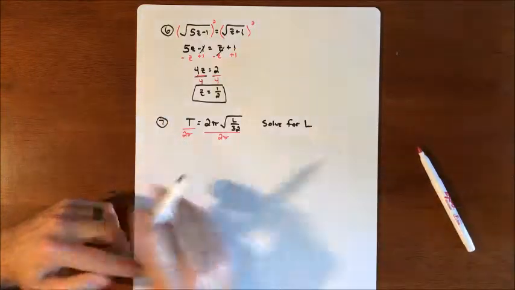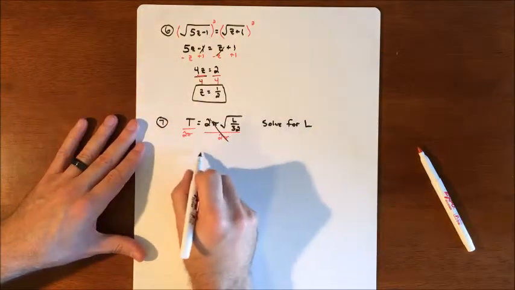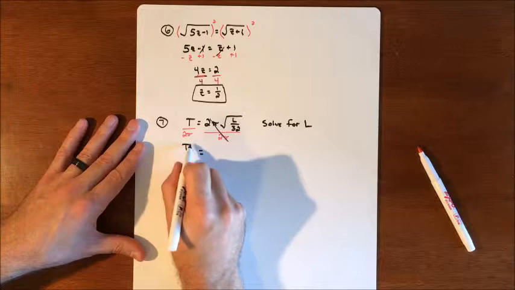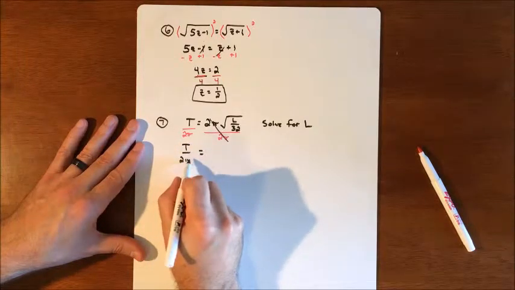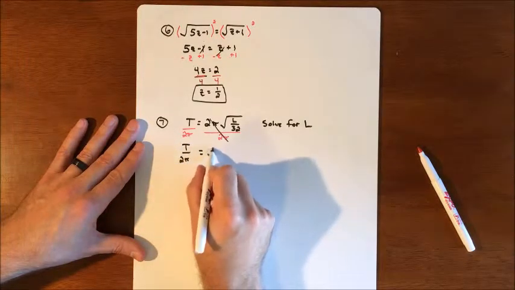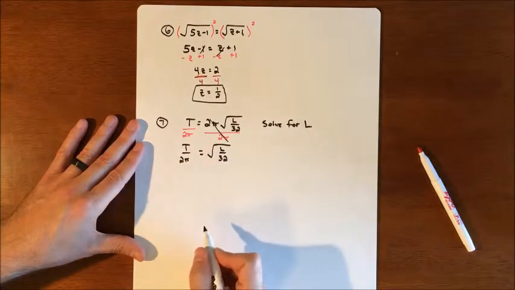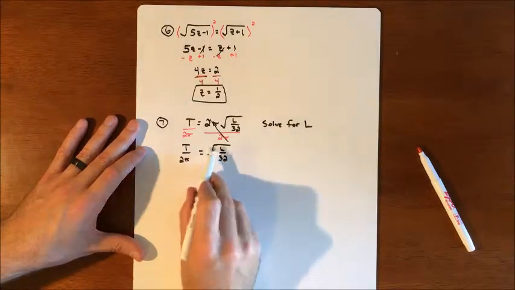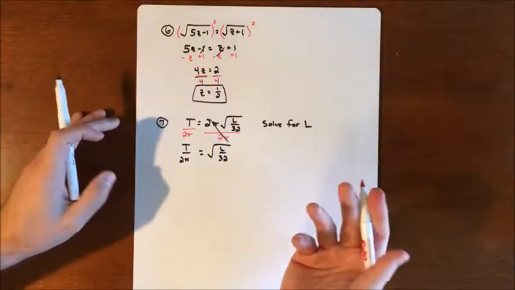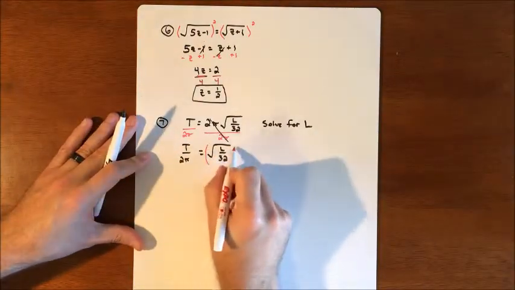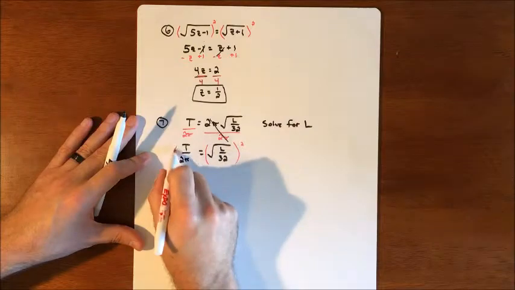All right, so that will cancel, and you're going to have T divided by 2 pi on the left side. On the right side, we're going to have this radical. All right, again, no different. We're going to try to get rid of the square root. We've isolated it. We're going to square both sides.